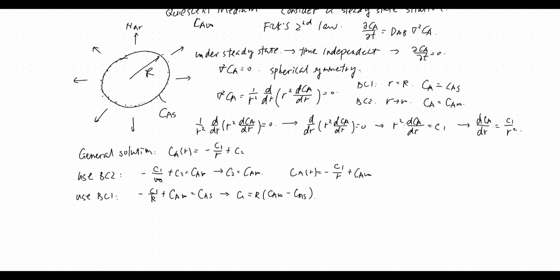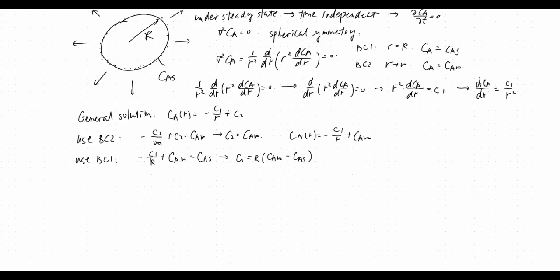Okay, now you plug C1 and C2 into the expression, we get our solution. CA as a function of r equals CA infinite minus (CA infinite minus CAS) multiplied by capital R divided by little r.